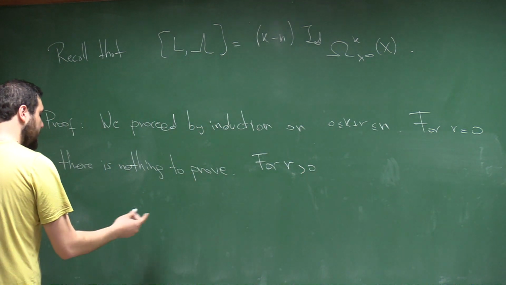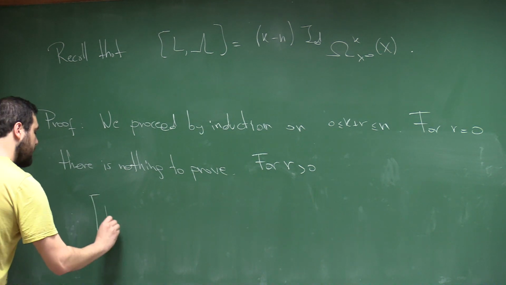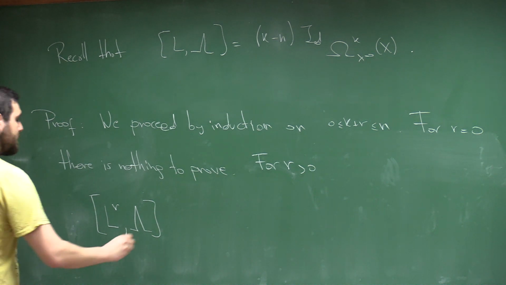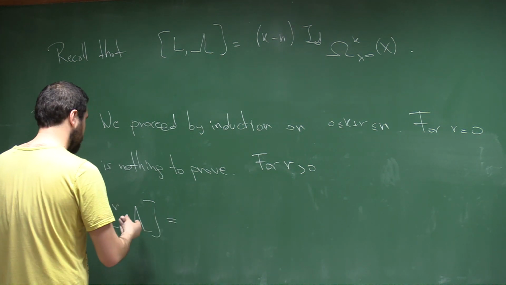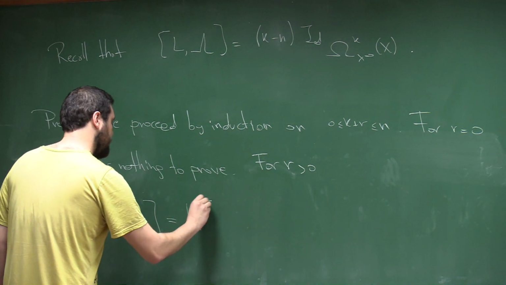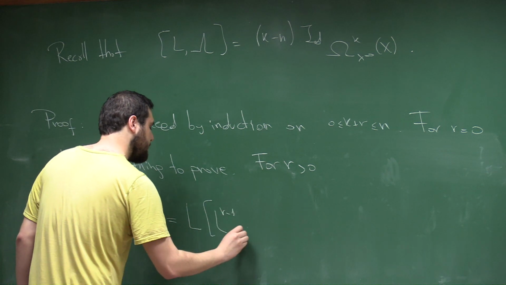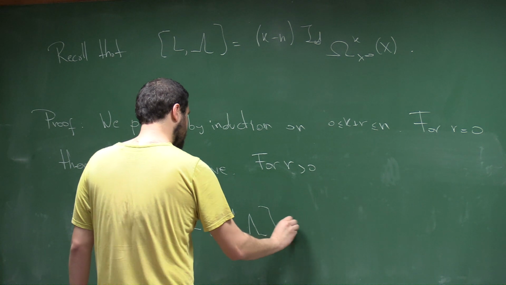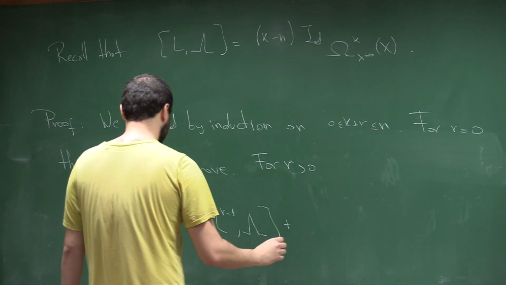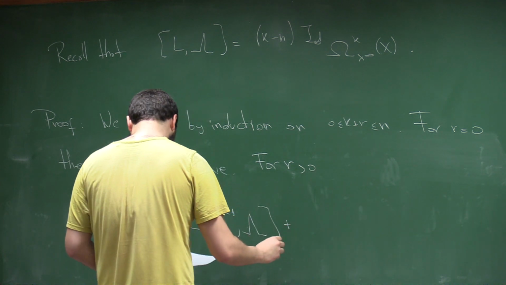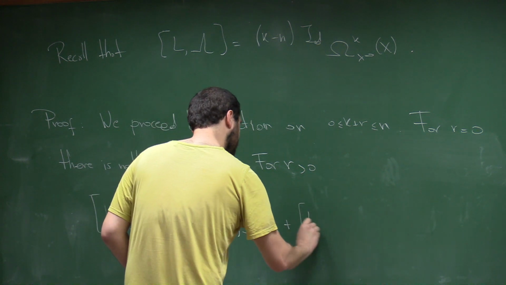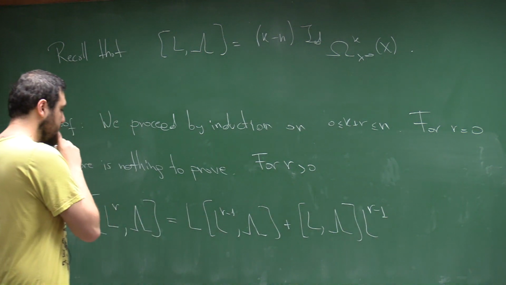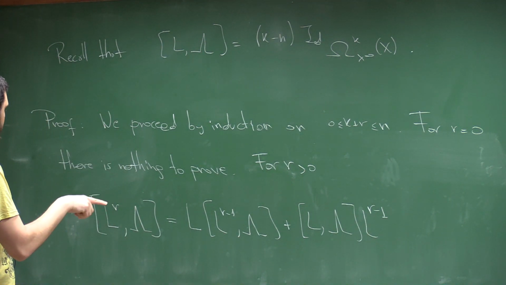so we have the following identity. L^r lambda is equal to L^{r-1} lambda plus, I think it's like this, L lambda L^{r-1}. Is that correct?